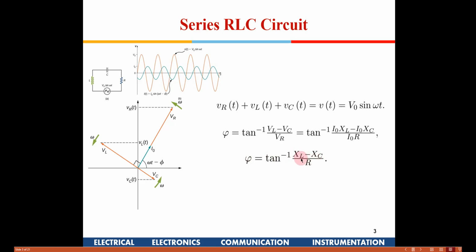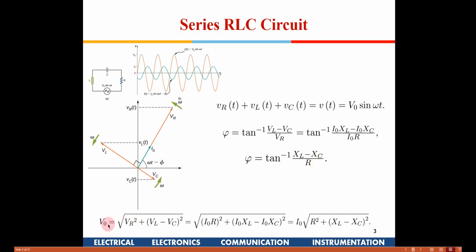I'll show the next slide, where this phi is dependent on the frequency also, because XL and XC are frequency dependent components. And the net voltage will be given by the vector sum of all the three voltages, square root of VR square plus VL minus VC the whole square.